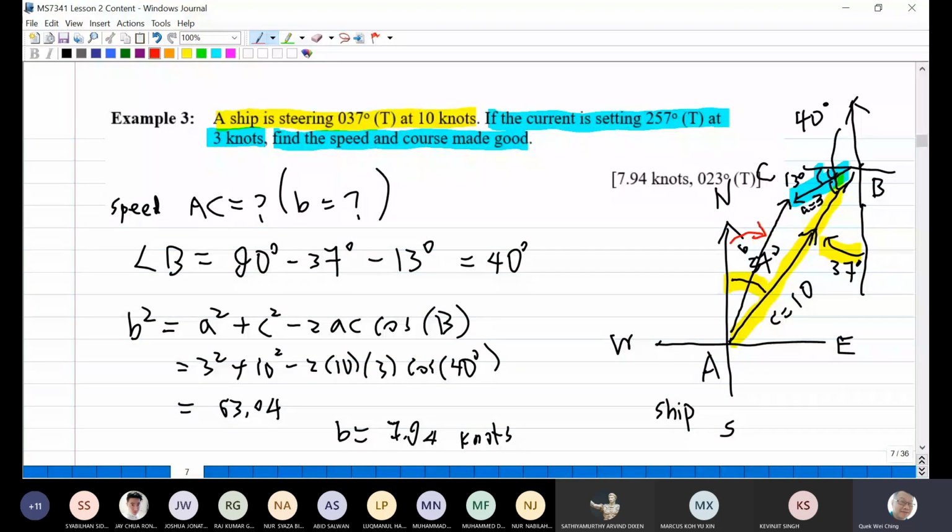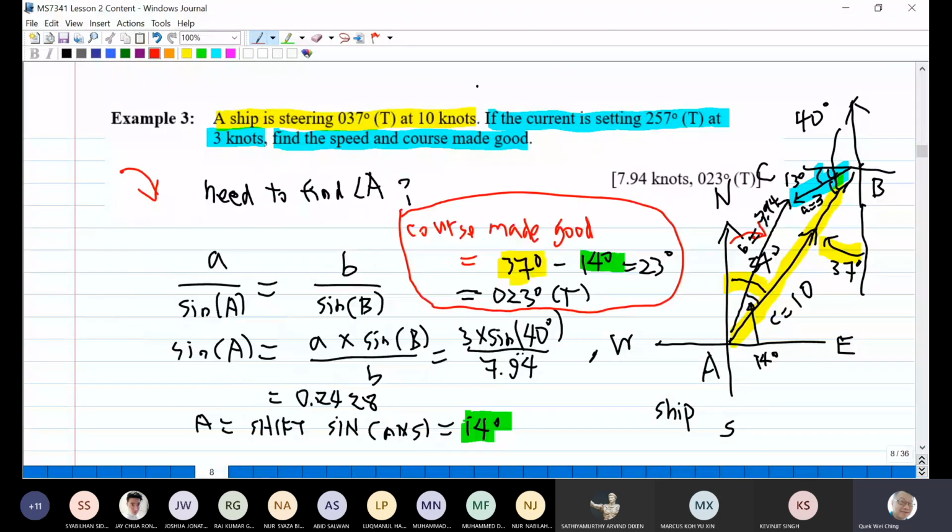Then I can find out how fast the ship moves. Actually the ship is moving at 10 knots, but because of the current, which is almost opposite direction, it slows the ship down. Because of the current, the ship's direction also changed, right? So from there, you can find the course. I'm looking for the angle A.